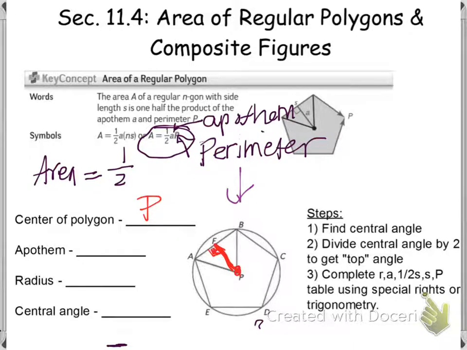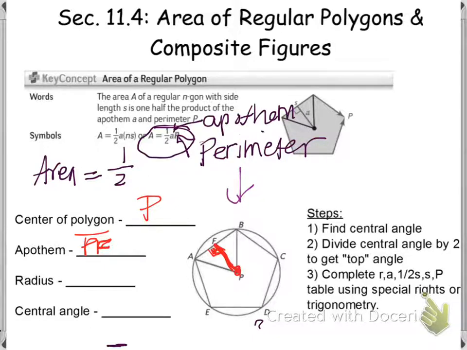It doesn't really have this definition anywhere, so you may want to write it and just make sure that you really understand it, that your apothem is going to be the segment drawn from your center to the midpoint of your side. Okay, and so here in this case our apothem is PF, segment PF. Your radius is still just your normal radius that we've seen before.